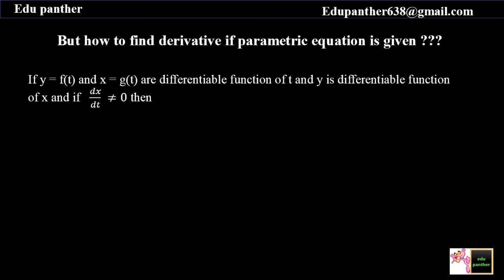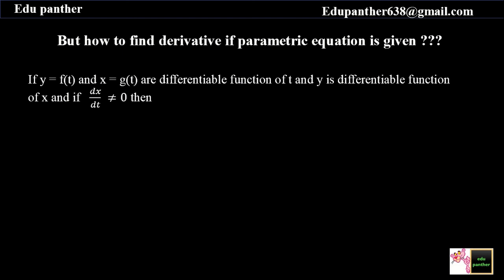So suppose we have a function y which is f of t, that means y is represented in terms of t and x is also a function of t, and then they are differentiable functions of t. That means we can find the derivative with respect to t, as well as y is also differentiable function of x, and dx by dt, that means derivative of x with respect to t, is not equal to 0.